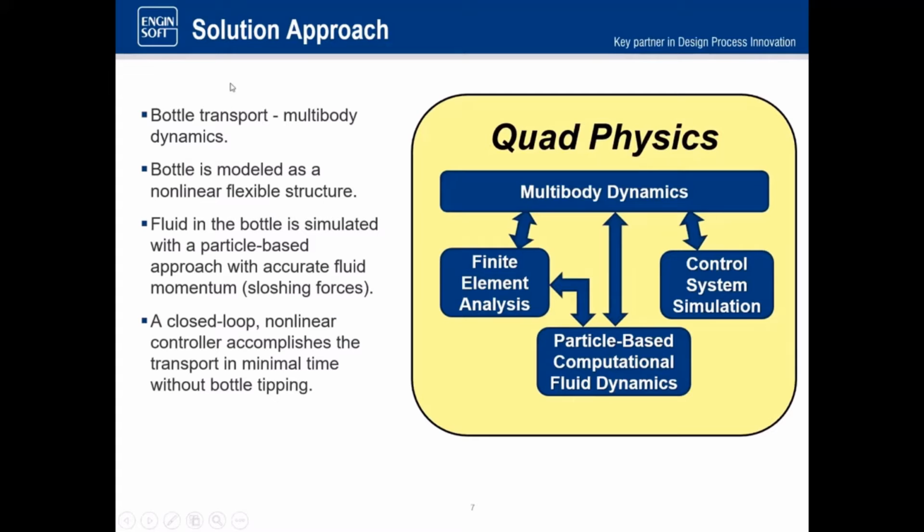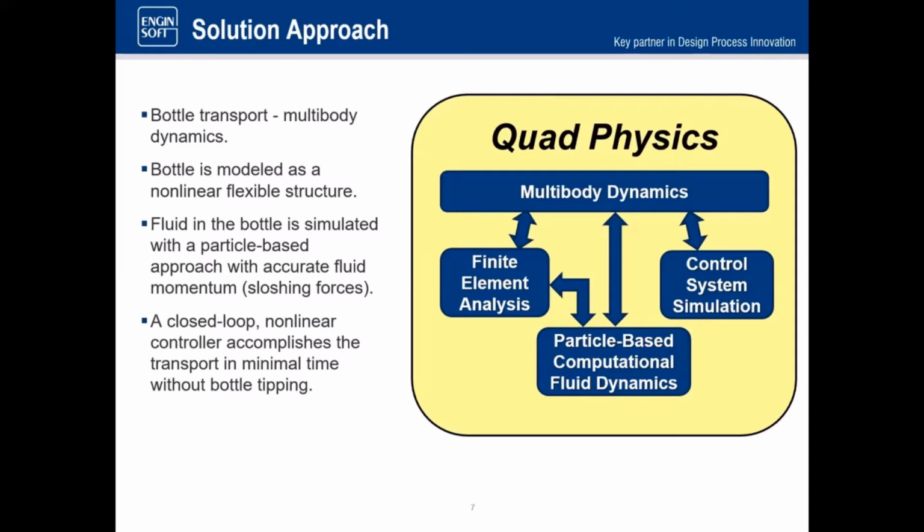So in our example, looking at the basic conveyor system that we had, that's a multibody dynamics problem, a very simple one, but that was done in the RecurDyn multibody dynamics. And then the bottle itself was modeled as a nonlinear flexible body with Full Flex. And we could do the nonlinear flexible body with contact, which is key to this.